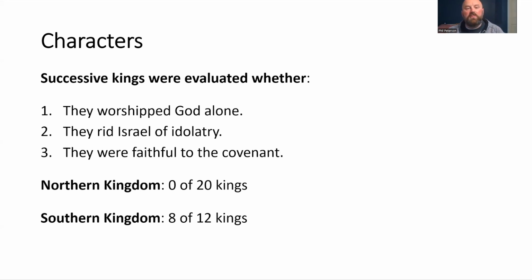In the southern kingdom, they did a little bit better, but still not great overall. But it really highlights that amidst the faithlessness of the leaders, God's still moving his story. The story doesn't end. It is just a difficult period without godly leadership.